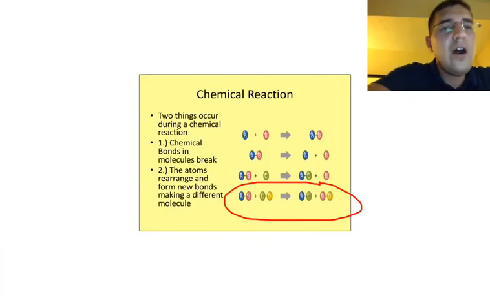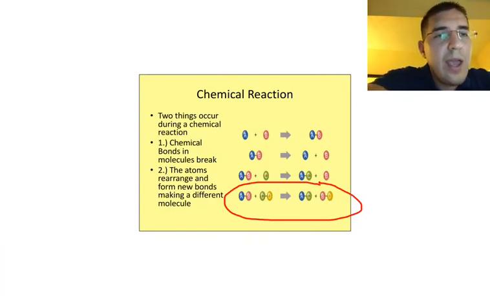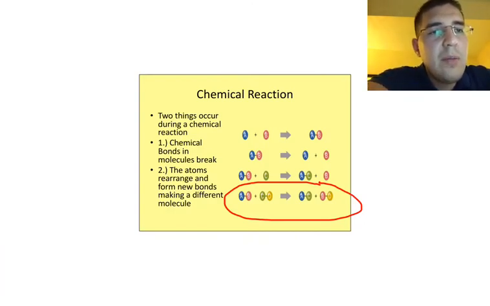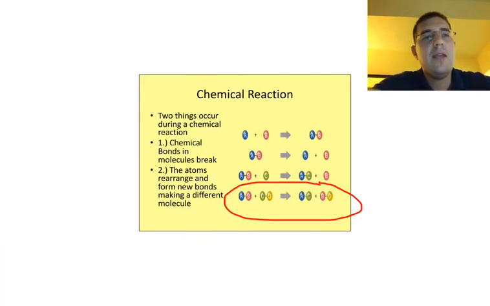So if you look at this chemical reaction, by the way, A connected to B plus C connected to D means that there's two individual molecules there. The arrow means yield. And A connected to C plus B connected to D is what's happening at the end of the chemical reaction.